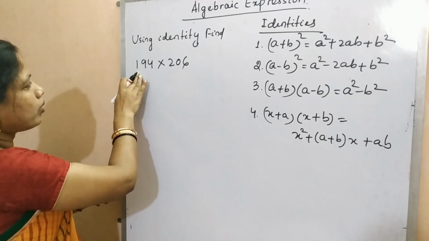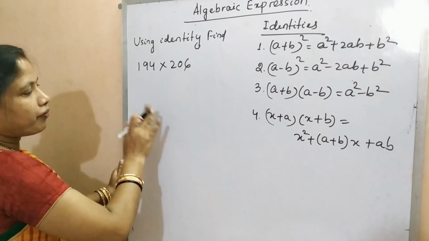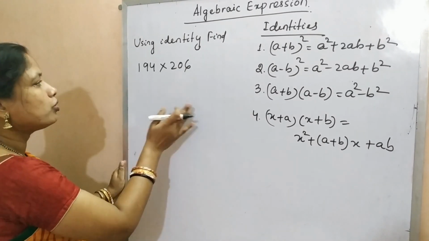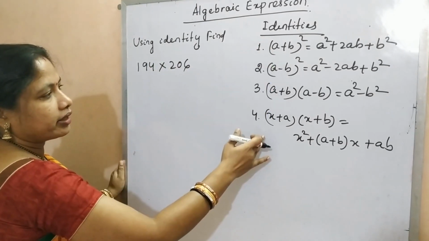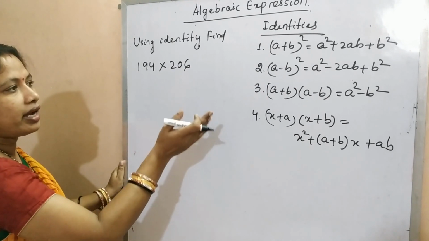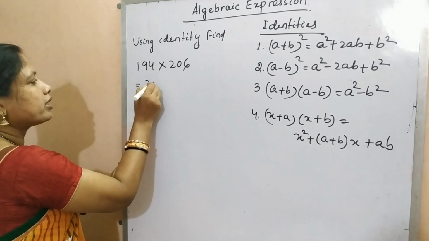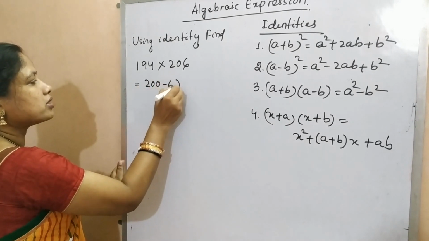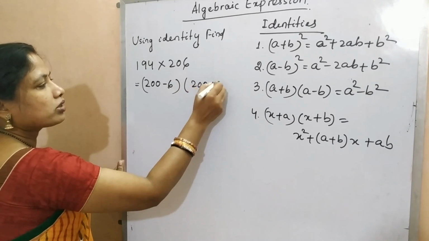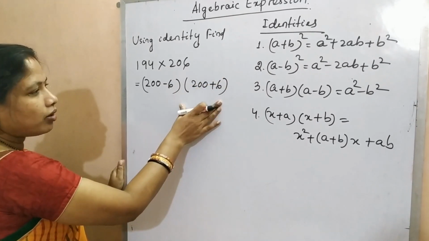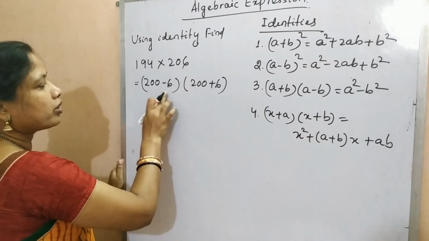Here, 194 multiplied with 206. So first our duty is to convert this into some identity, so that we can easily apply that identity. So 194 can be written as 200 minus 6, and 206 can be written as 200 plus 6. So now this is in the form of the identity a plus b multiplied with a minus b.